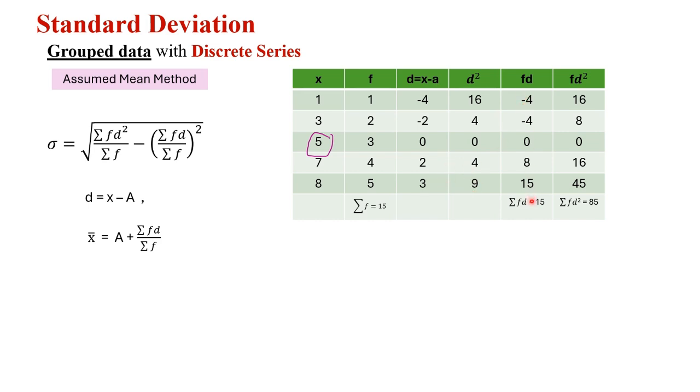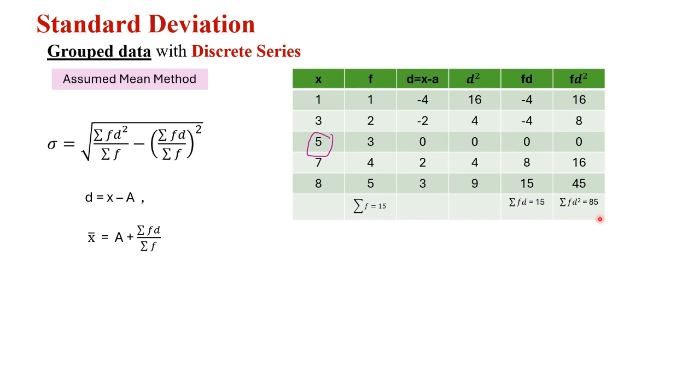Find fd: 1 times minus 4 is minus 4, 2 times minus 2 is minus 4, 3 times 0 is 0, 4 times 2 is 8, 5 times 3 is 15. Total is 15. Find fd square: 1 times 16 is 16, 2 times 4 is 8, 3 times 0 is 0, 4 times 4 is 16, 5 times 9 is 45.